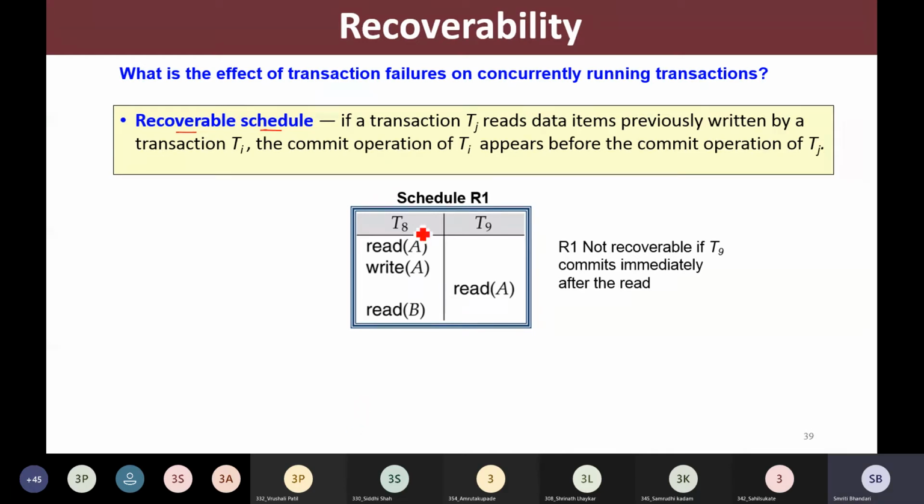What do we mean by that? See here, this is T8 and this is T9. T8 is reading data item A and T8 is writing data item A. Whatever data item is written by T8, that same data item A is now read by another transaction, T9.